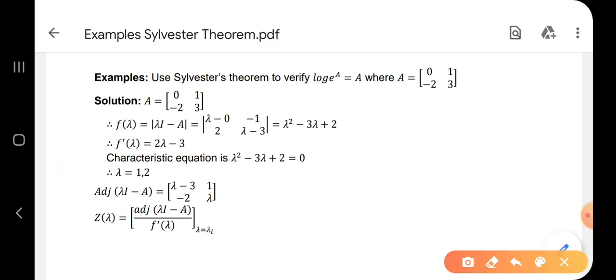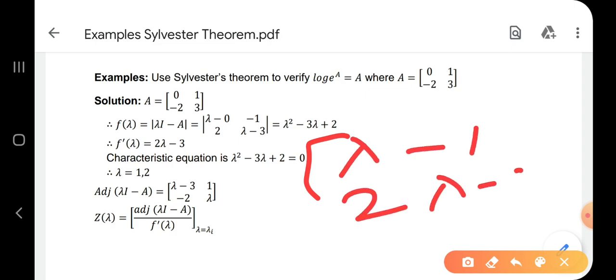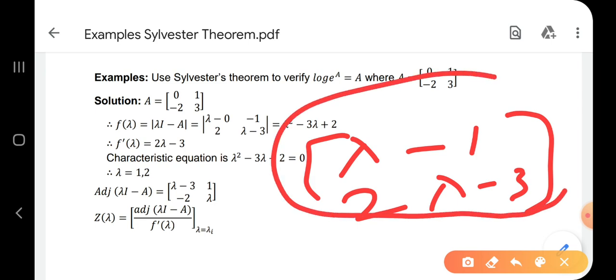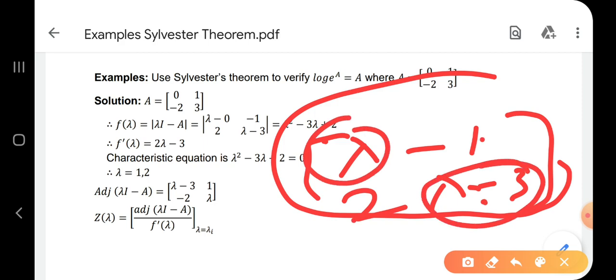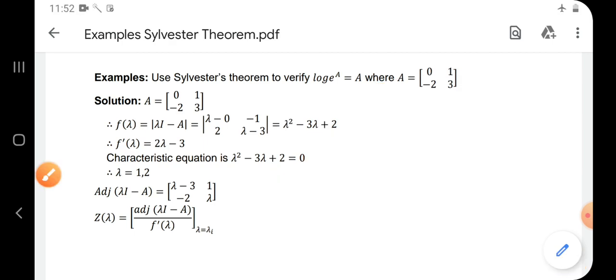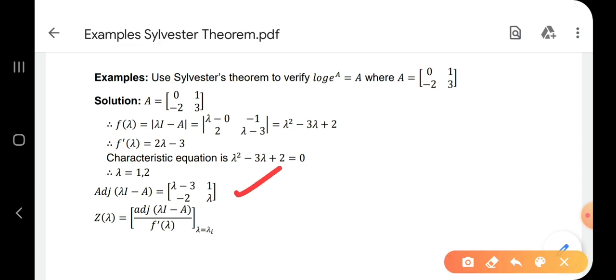It is not lambda minus 3, it is lambda minus 1, 2, lambda minus 3. So this is your matrix for lambda I minus a, right? Now find its adjoint. Just interchange these two and give them a minus sign. So lambda minus 3, 1, minus 2 and lambda. So this is your adjoint of matrix.